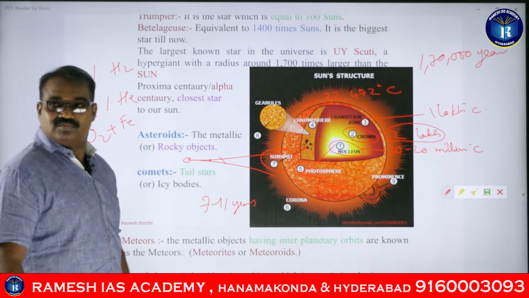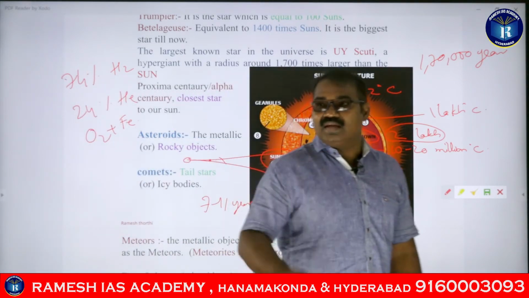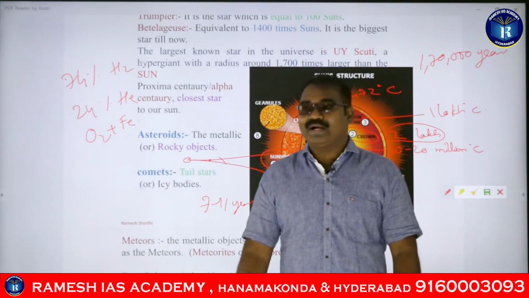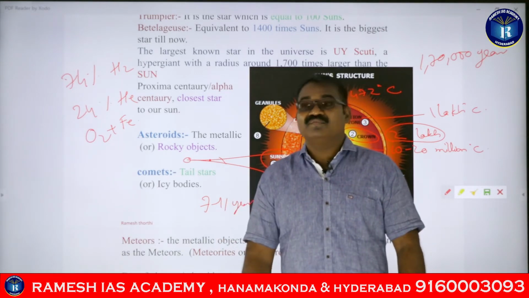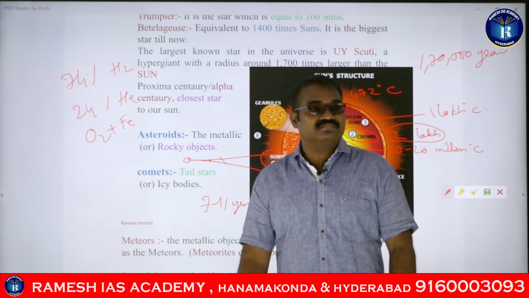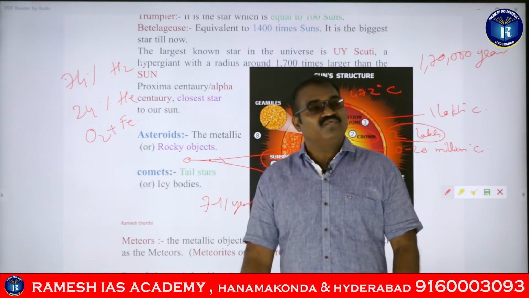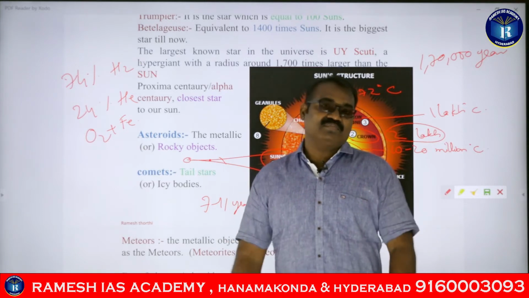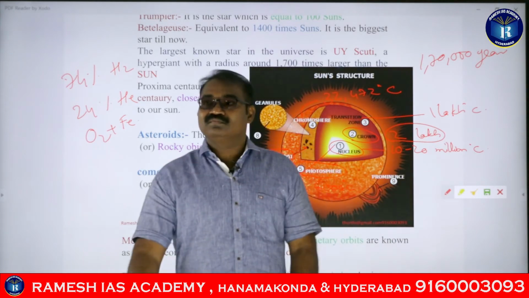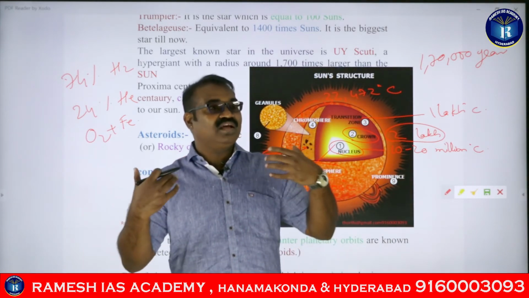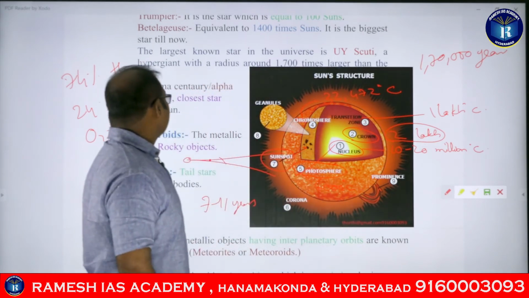Also, 60 million photon particles are ejected from the sun's surface every second. In whichever direction they go, you will feel much more hotness. This is related to the sun.